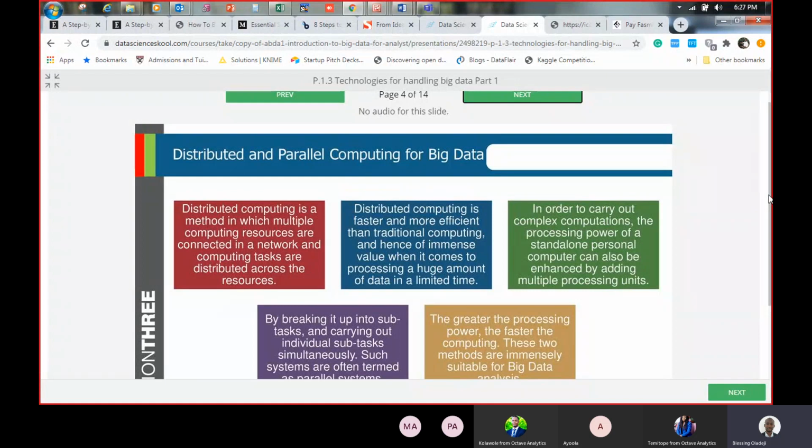So for instance, there are times that Pushimo will be running some queries, and Pushimo will say, if I run that query, it will take like 30 minutes, or maybe 2 hours, to run. In distributed computing, there are tools that will share that task among all the computers within the network, and all of those computers will perform their own bit, and then they will combine the results, and instead of taking 30 minutes, it will take maybe 5 minutes to get it done.